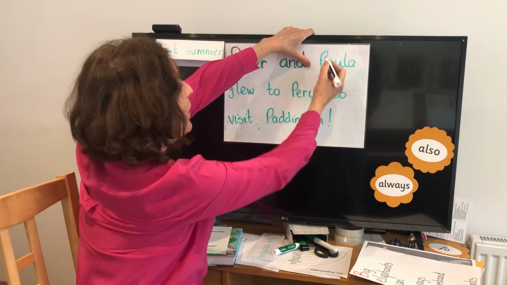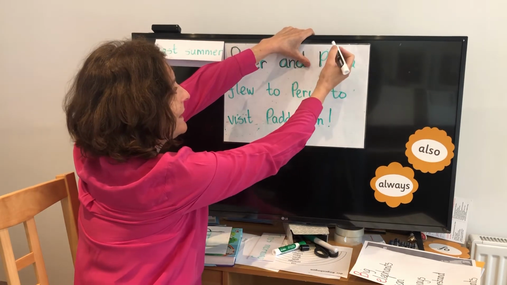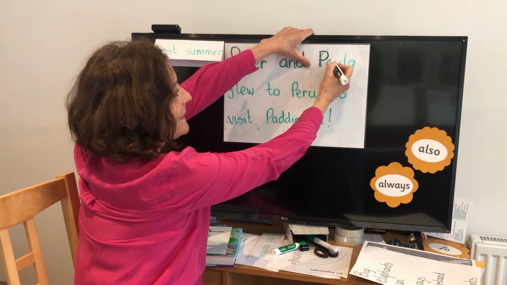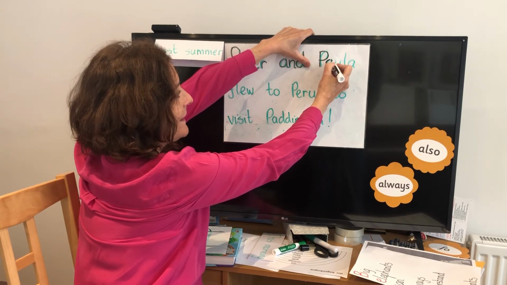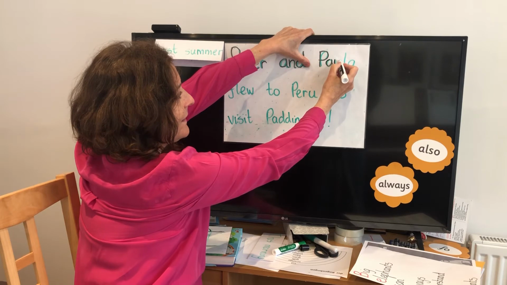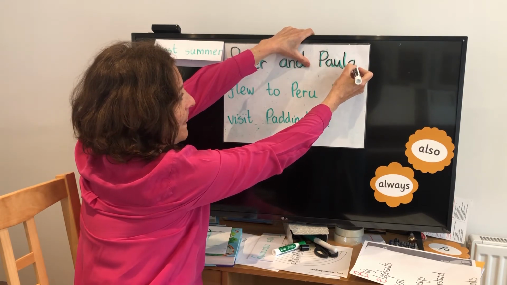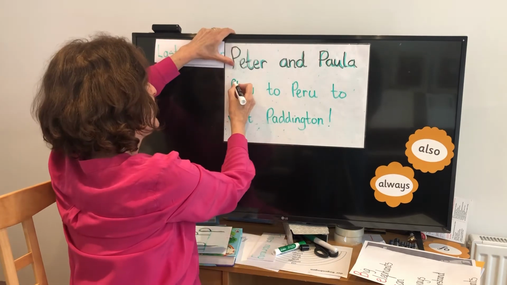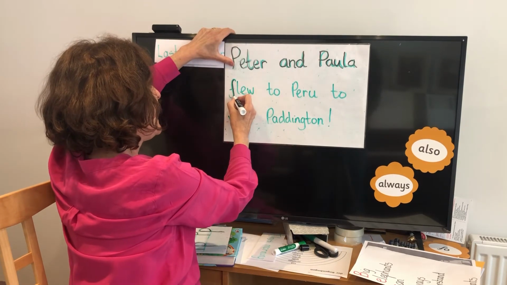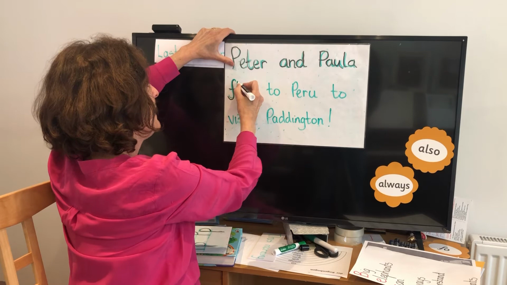Finger space, Paula: top to bottom, lift, round, then an A, then a U, then an L, then an A. They flew, so F, it's an ascender and a descender.